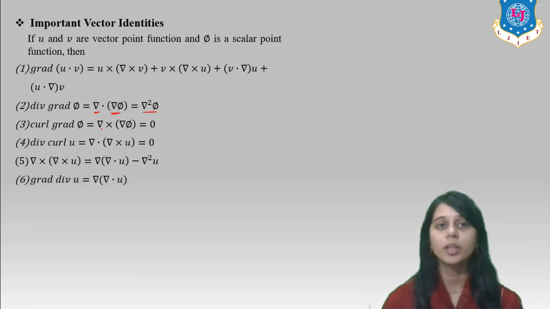Curl of gradient of phi, nabla cross nabla phi, so it is 0. Divergence of curl u, nabla dot nabla cross u equal to 0, and gradient of divergence of u, nabla nabla dot u. So these are the most important identities.